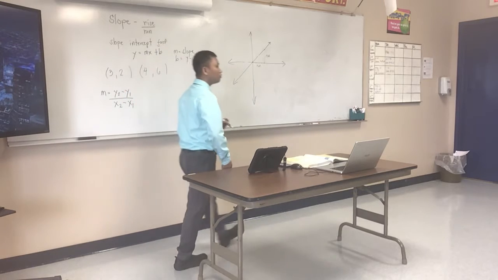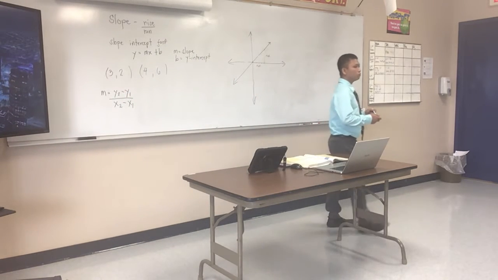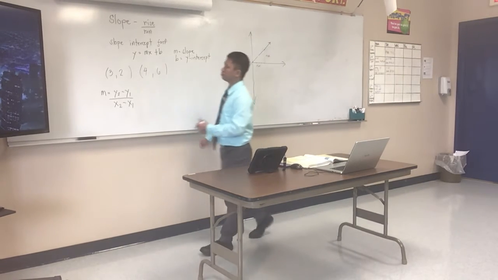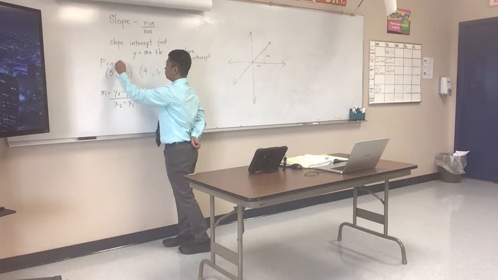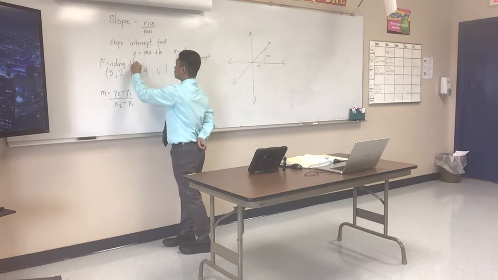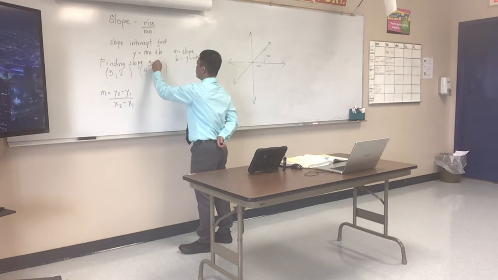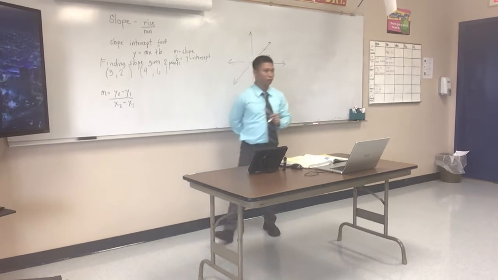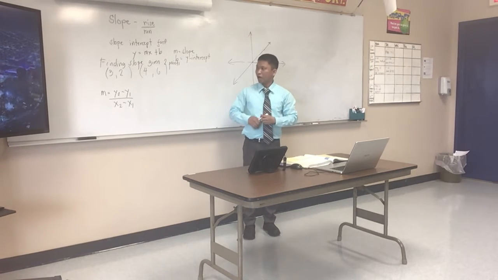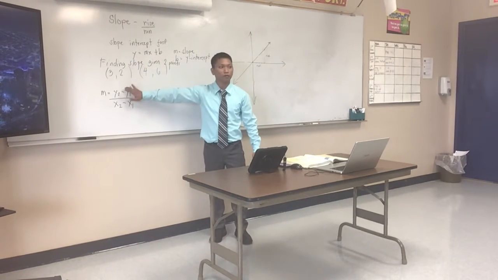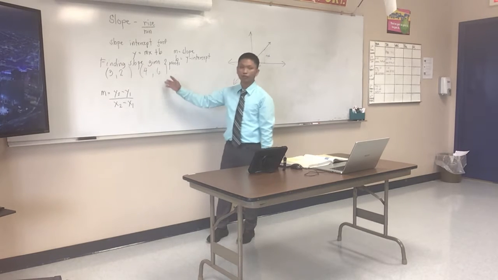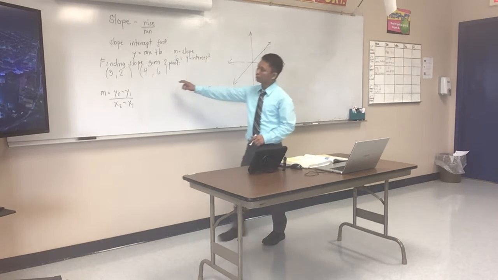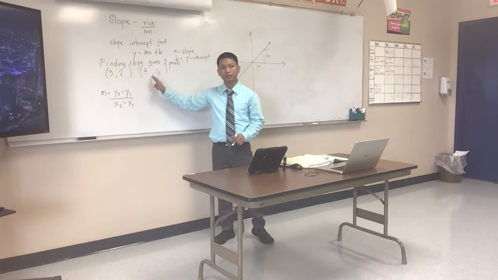So this is the formula for finding slope given 2 points in the Cartesian coordinate plane. This is an example of an ordered pair, right? So how are we going to solve for the slope of these ordered pairs 3, 2 and 4, 6?